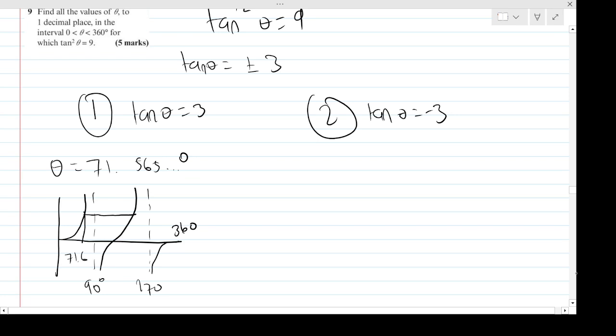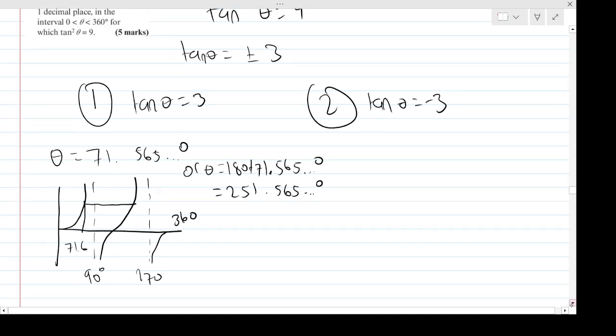So the other solution would be theta is 180 add 71.565, and if I do that, I get 251.565 blah blah blah degrees.